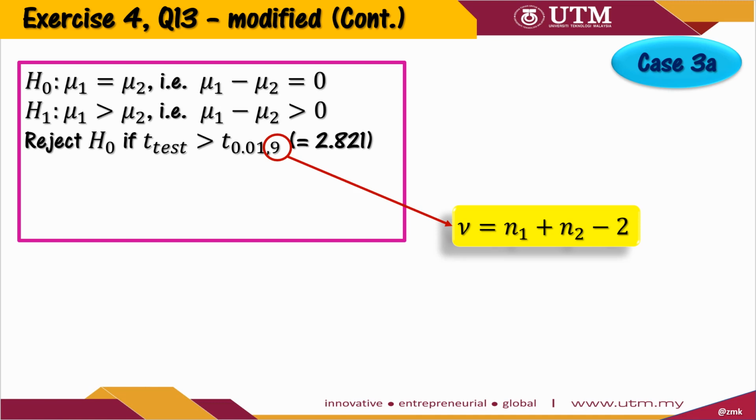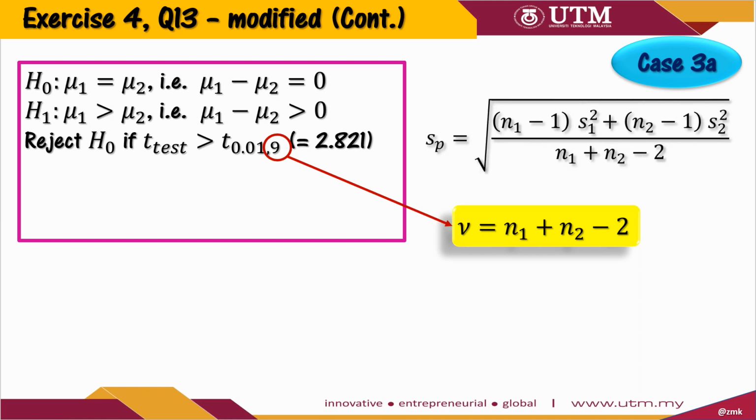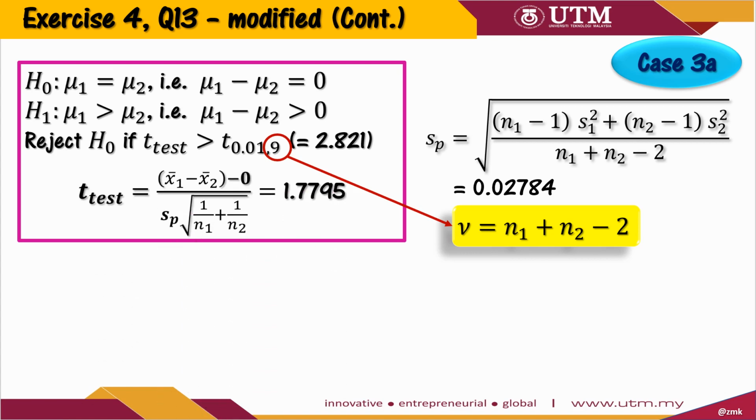Using case 3a also, we need to use the pooled standard deviation in the t-test formula. Therefore, we need to calculate the pooled standard deviation first, which is the square root of the pooled variance, given by 0.02784. After getting the pooled standard deviation value, we can then substitute this value into the t-test formula given by this expression.